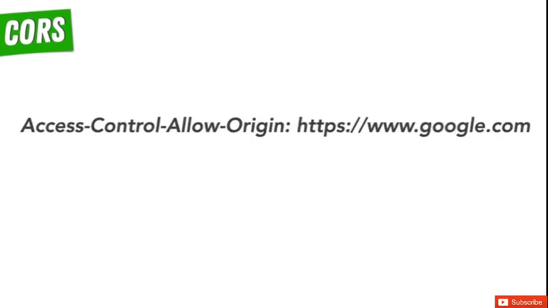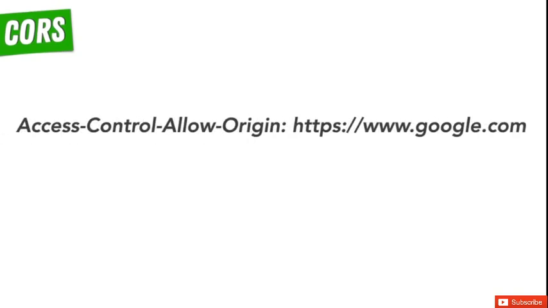This header is optional, so our first option is, of course, not to include it and follow the textbook same origin policy. But we can also specify the access control allow origin and include a specific origin as the value of that header.